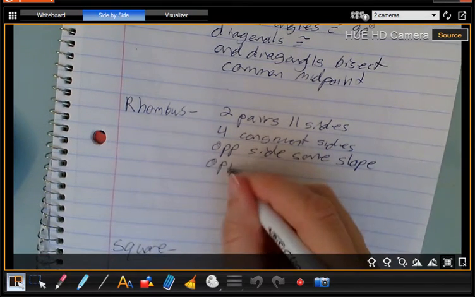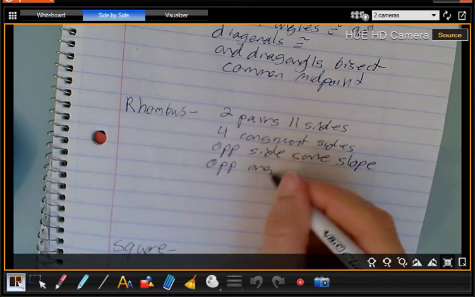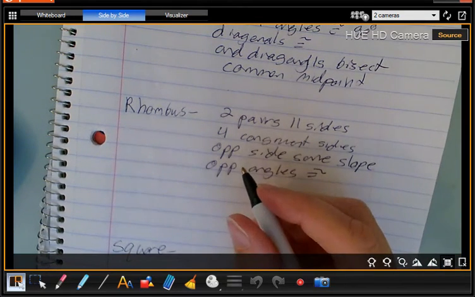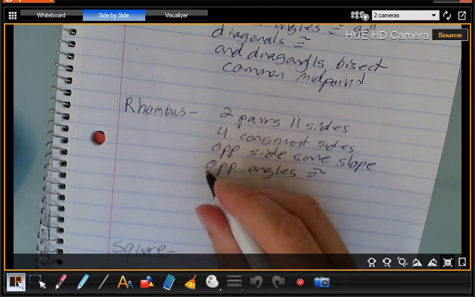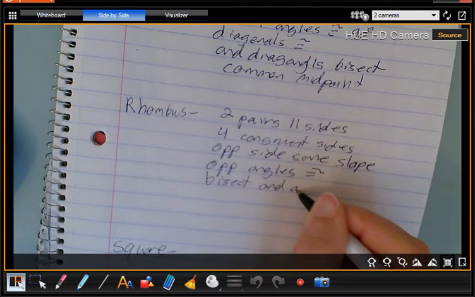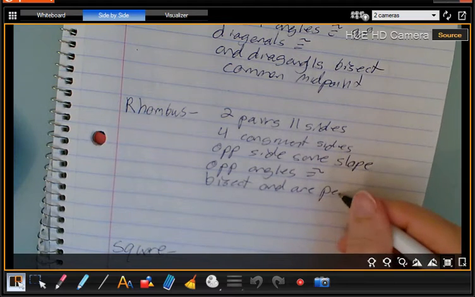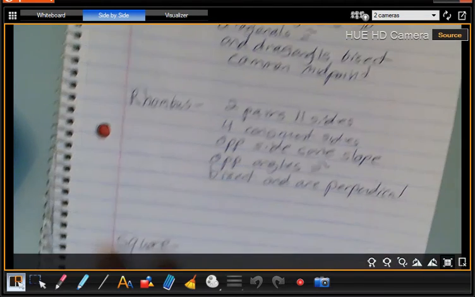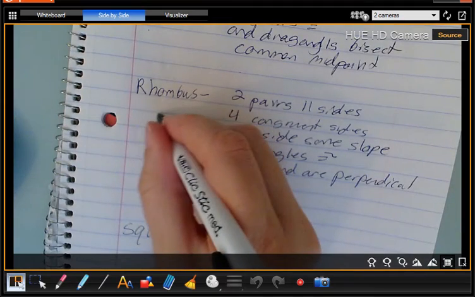Opposite angles are congruent. And the diagonals bisect each other and are perpendicular. Sometimes people call a rhombus a diamond. It is not.